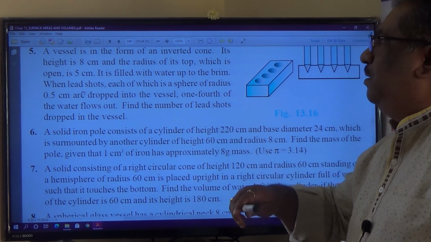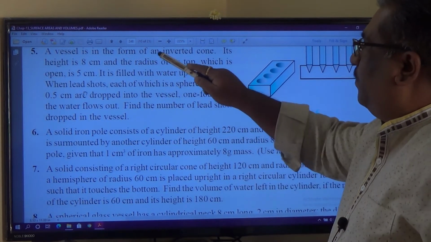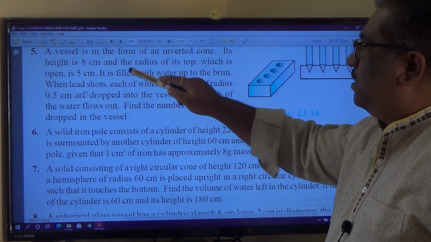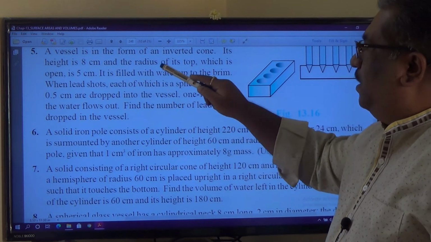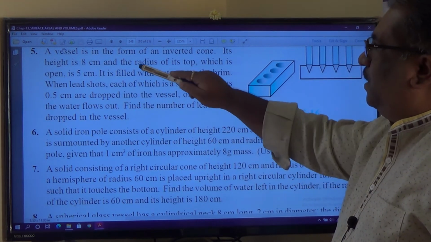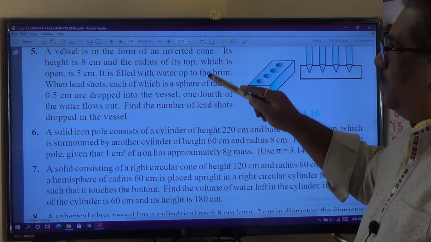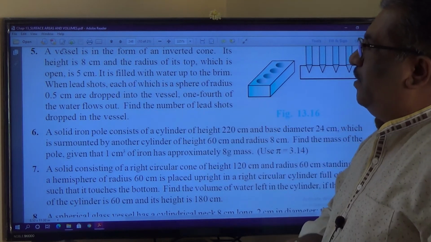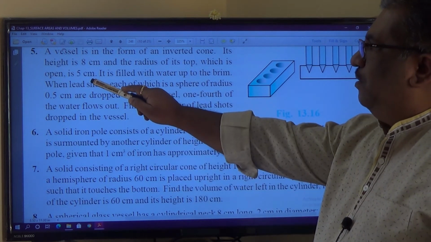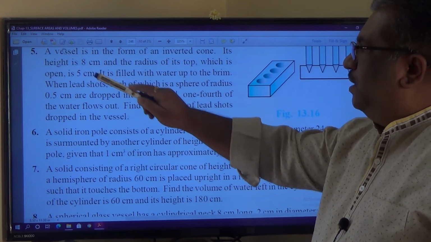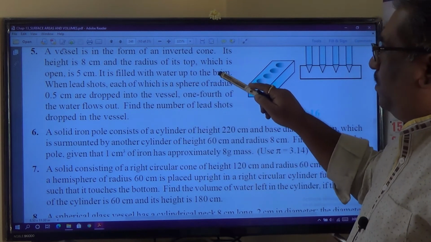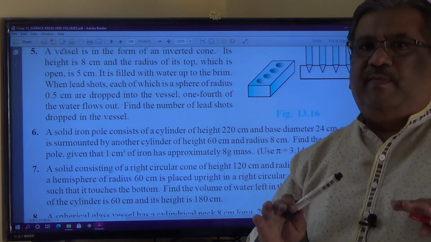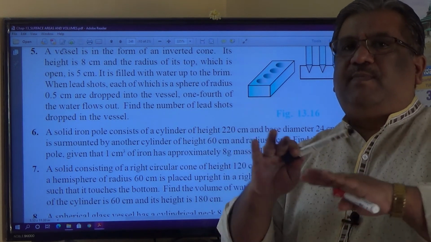Question number 5. A vessel is in the form of an inverted cone. Its height is 8 centimeter and the radius of its top, which is open, is 5 centimeter. So for a cone, height is known to us, radius is known to us. It is filled with water up to brim. Water up to brim means till it is completely filled.